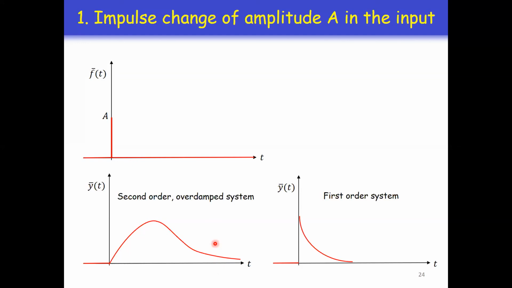Now, guys, what I want you to do is compare the response to the same disturbance of a second order overdamped system and a first order system. What is the first thought you have? Please look at them and tell me what is the first thought. It's less of a change at the beginning.